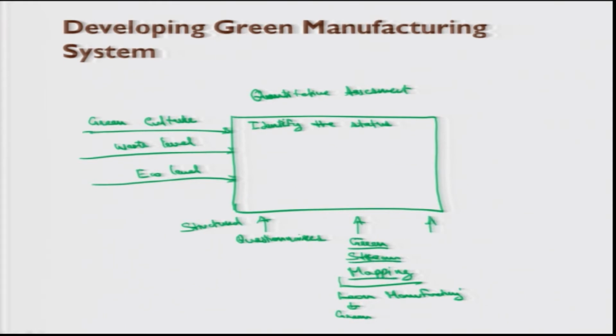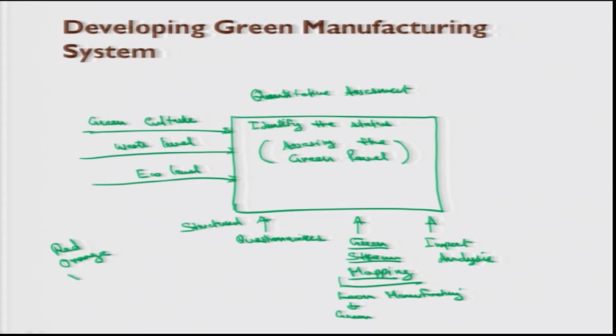Now, impact analysis like we did. So what are we basically doing here? We are assessing the green level of a manufacturing concern. That is, what color we are. If I say the colors are red, orange, yellow, green, at what state is our manufacturing concern?